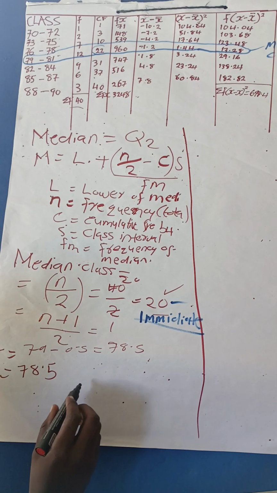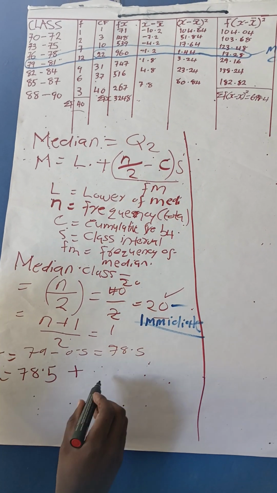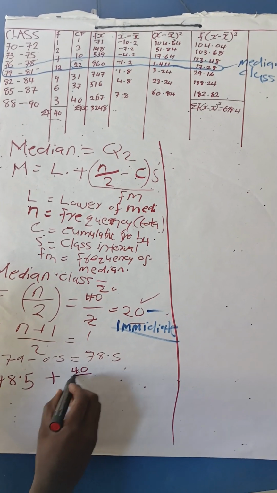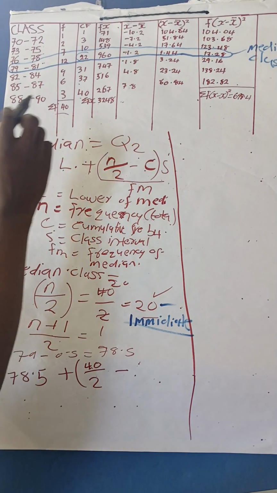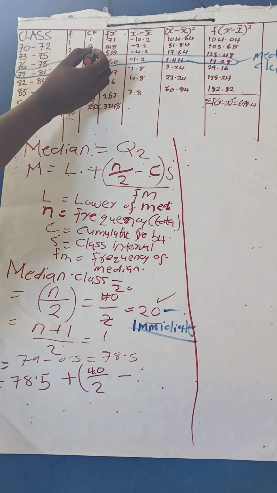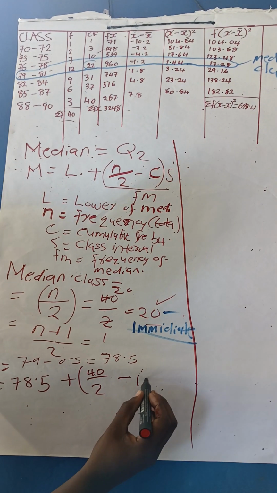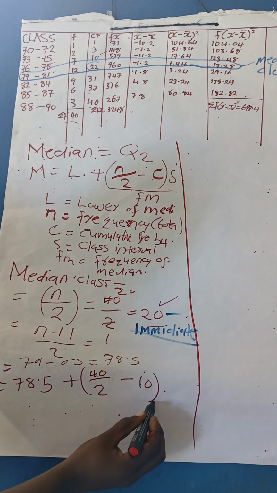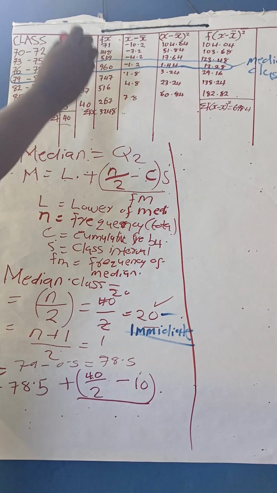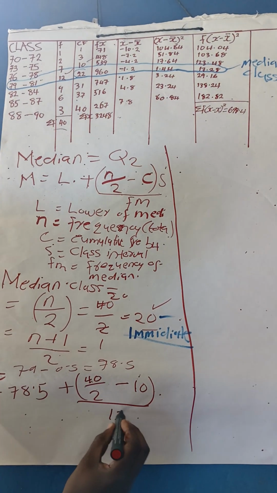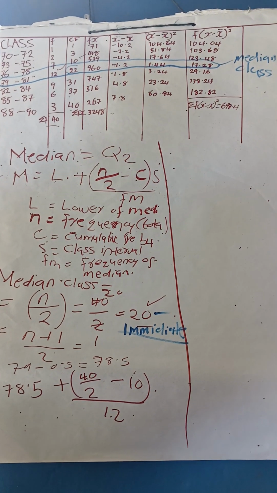So our lower class is 78.5, plus n divided by 2, which is 40 divided by 2, close the bracket, minus the cumulative frequency before, which is 10. Then divide by the frequency of the median class, which is 12. Then multiply by the class interval.